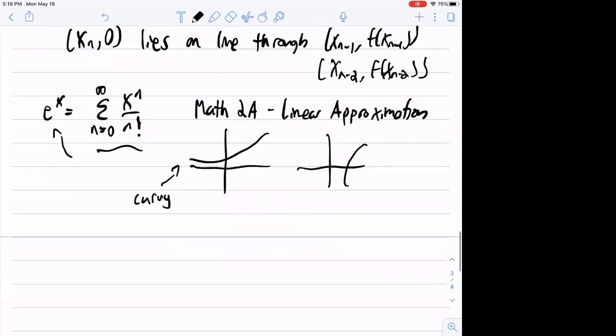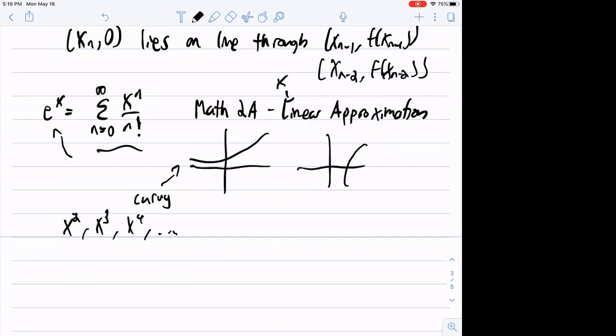So how do you get something curvy? Well, you go one degree higher. You go from linear to quadratic. So the order of mx plus b is like x, then you go to x squared to make it more curvy, x cubed to approximate even better, x to the 4th, and so on.